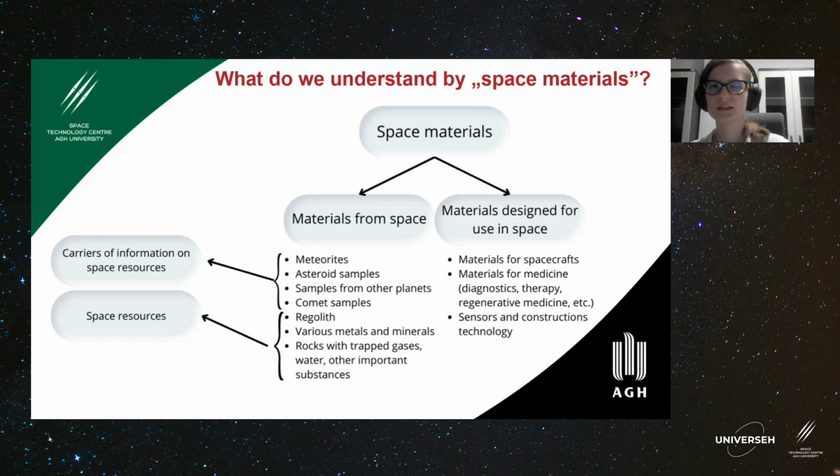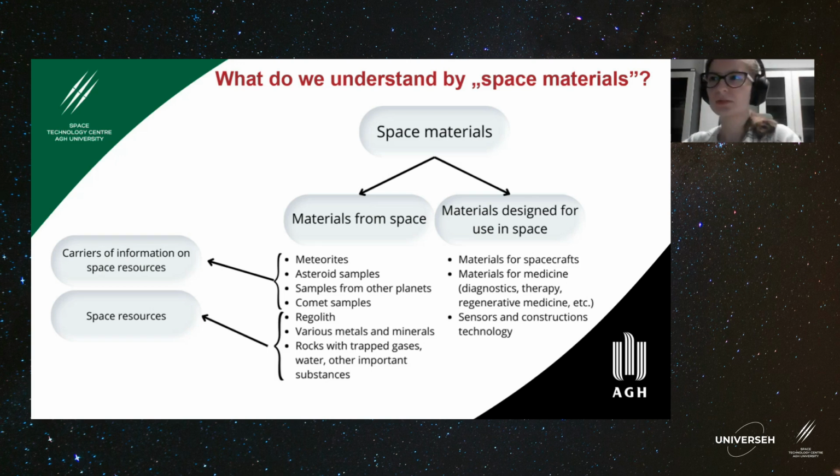Also, various metals and minerals can be found outside of Earth, and some rocks have trapped gases, water, other important substances. Also, from regolith, some gases or metals can be extracted.